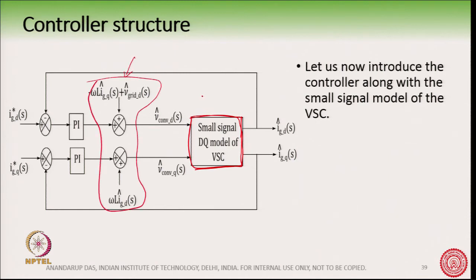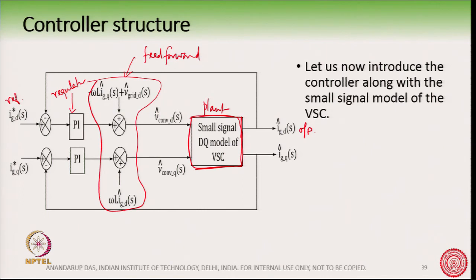So, this is kind of like the plant, this is the feed forward term, and this is the reference, this is the regulator, and this is the output. Okay. So, you see how the whole control structure looks like, and this is very similar to what we already know, and this is very much familiar to us.